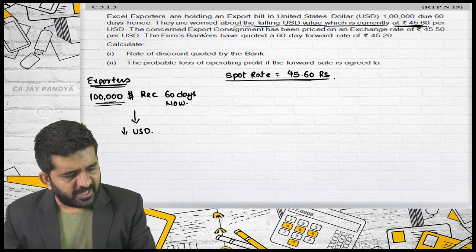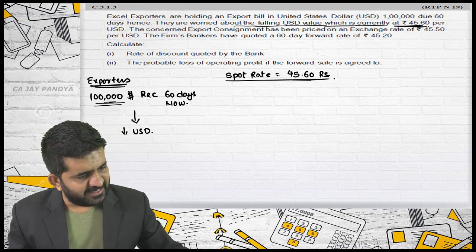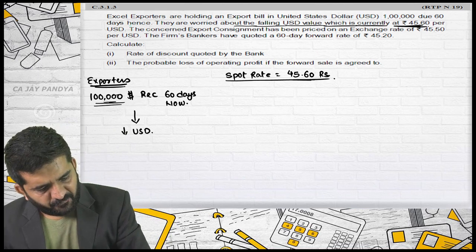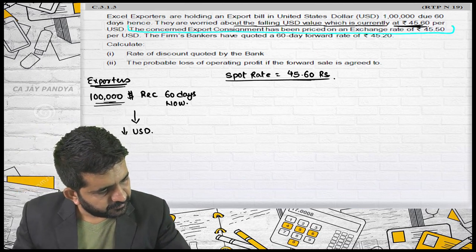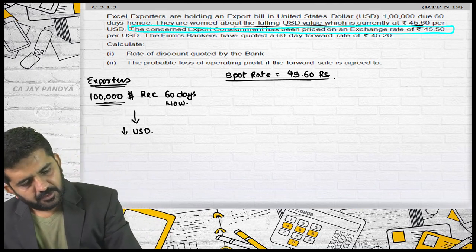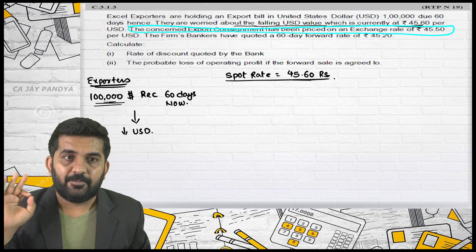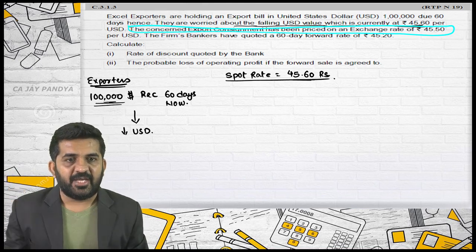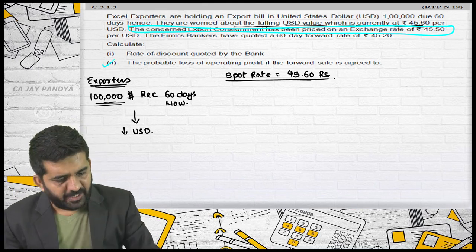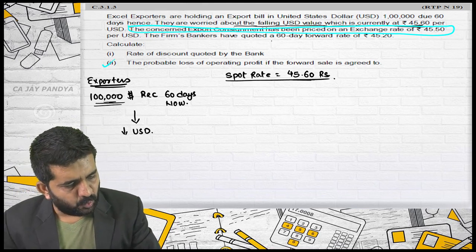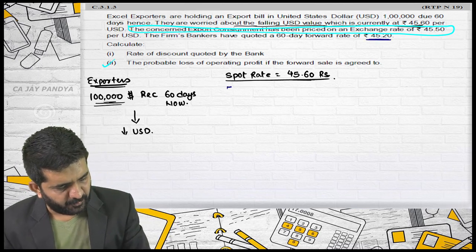The concerned export consignment has been priced at an exchange rate of 45.50. This is the rate we are learning for the first time. Try to concentrate. We will be doing it last when we want to find out the second answer. Let us go ahead. The firm's banker has quoted a 60 days forward rate of 45.20.